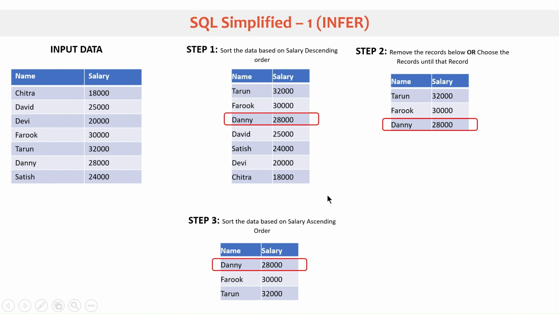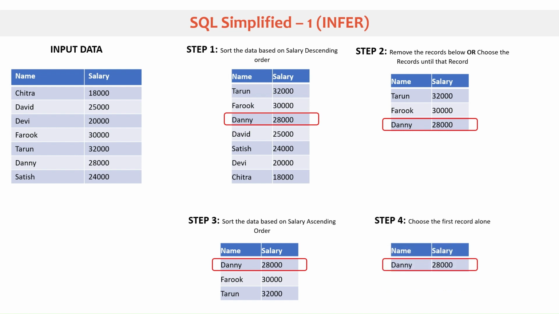Now the output, because we are always keeping an eye on the output, is Danny, but we need only that one record. So the last step is the same approach as step 2: choose the first record, or remove the records other than the first record. You see, we have repeated the same approach twice.